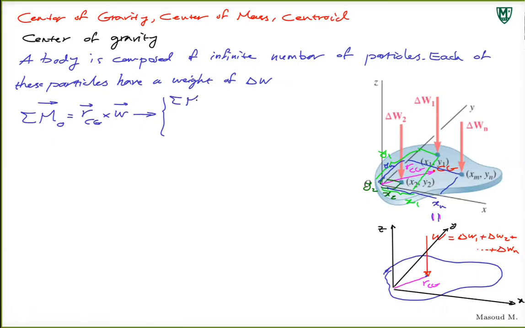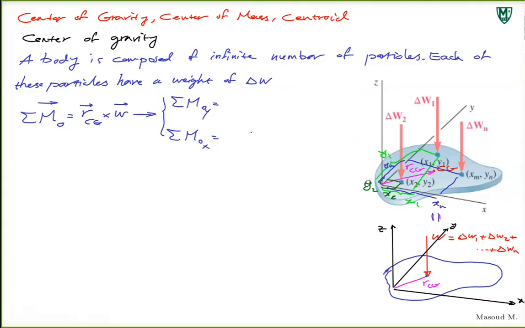Or better to say, the summation of moments about point O in X and in Y gives you the components. I just write it: W1 is X1 i plus Y1 j, and R also decomposes into vectors.